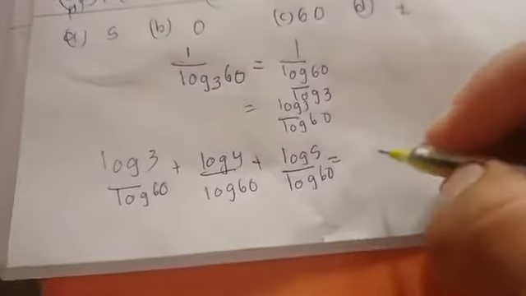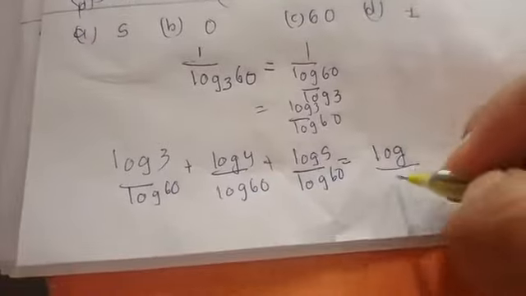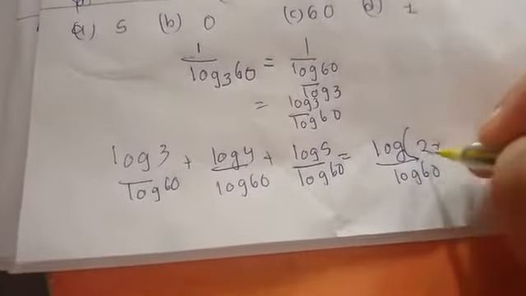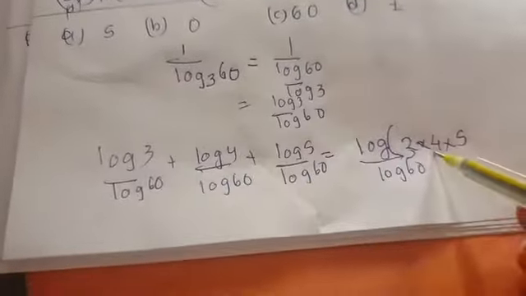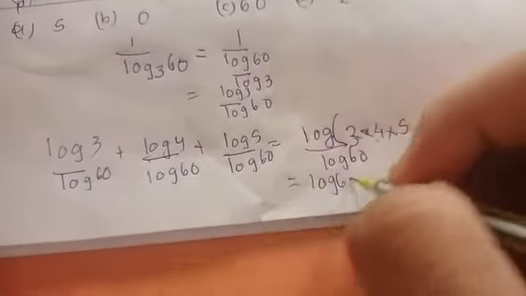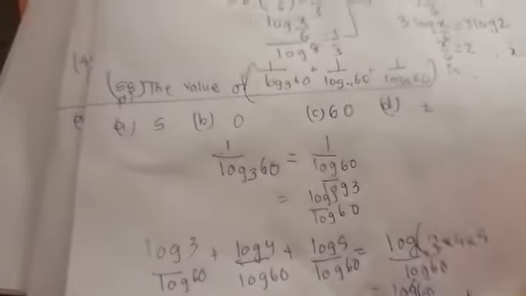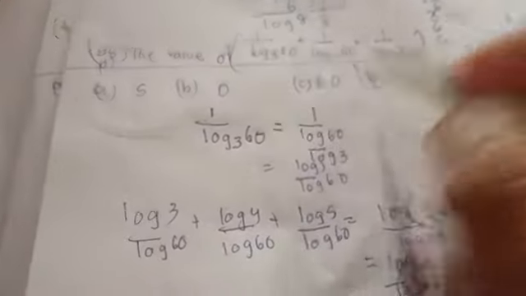Since the denominators are equal, we can write this as log of 3 into 4 into 5, since addition gets converted into multiplication in the log, which is equal to log 60 upon log 60, which is equal to 1. So the answer of the 58th question is D, 1.